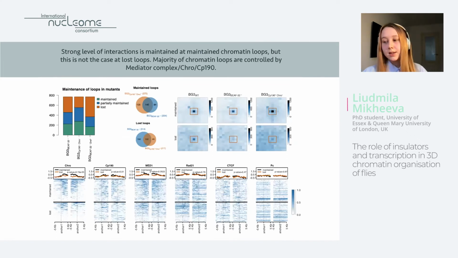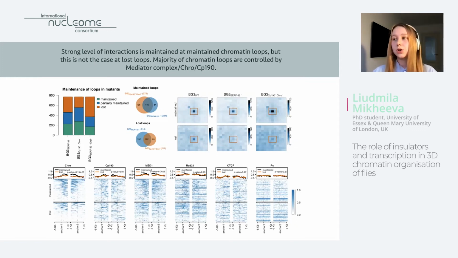So we also looked at the next chromatin organization level, that is chromatin loops. Out of 770 loops that were detected in wild type and each knockdown, approximately 200 are maintained and 300 maintain only one anchor in the same position. Here you also see the aggregated peak profiles over the maintained and lost chromatin loops.